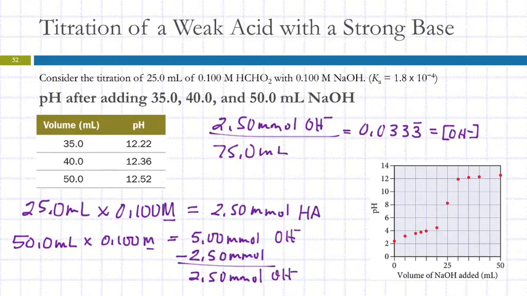And then pOH, 1.477. So pH equals 12.52.